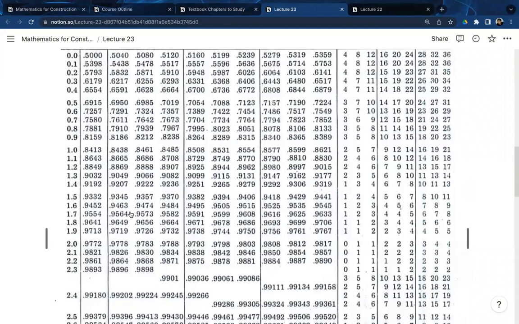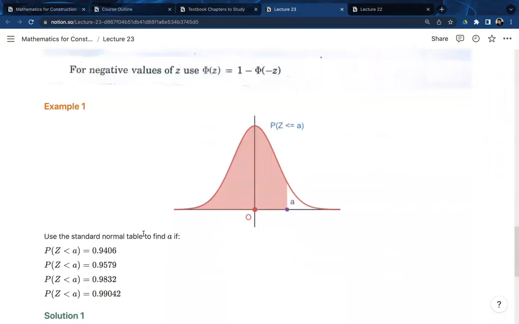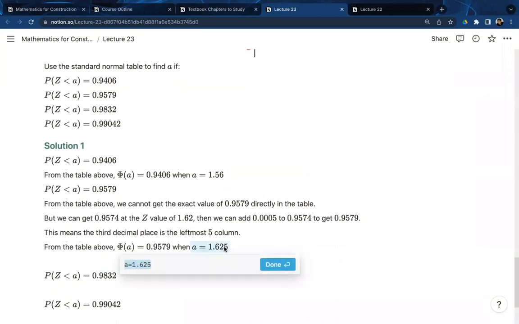Okay, so 9573, if I add 6 to 73, I'll get 79. So that's 1.72 and a 7.